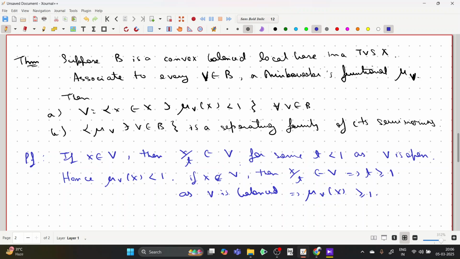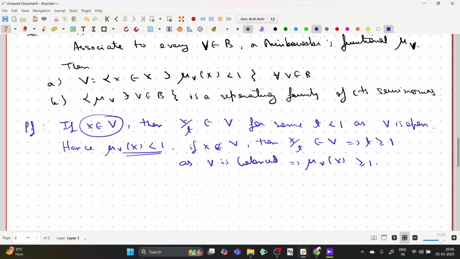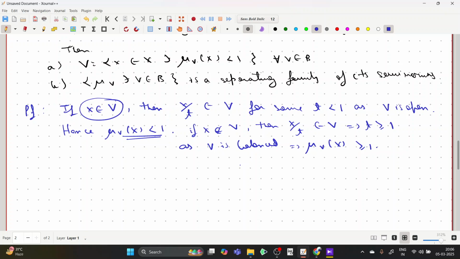Thus, what we conclude is that if I choose an element from V, then the Minkowski's functional is less than 1, and if I choose an element outside of V, then its Minkowski's functional is greater than or equal to 1. That means that V must be exactly identical to the collection of all those elements whose Minkowski's functional is less than 1. Fine, this proves part A.